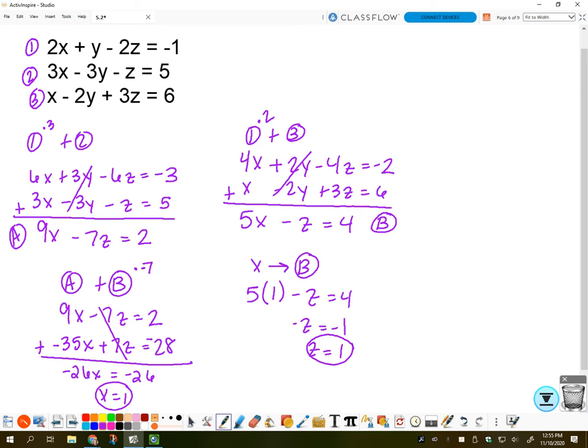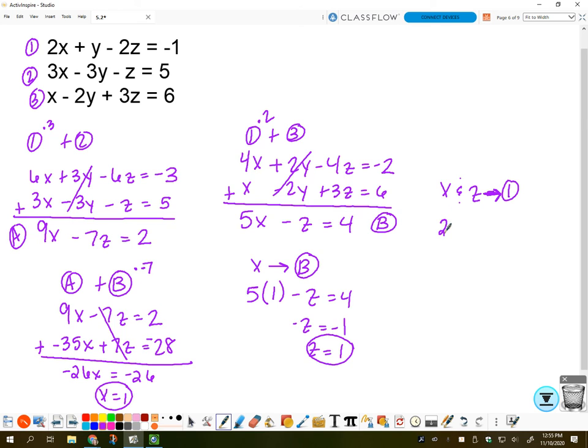Alright, now I know 2 things, so I'm going to plug it into an equation that has 3 variables. Since I'm trying to find y, I'm going to plug it into equation 1. Again, it doesn't matter, that's just my preference, because it doesn't have a coefficient on the y.